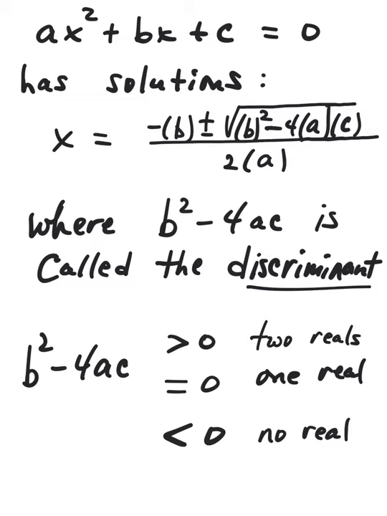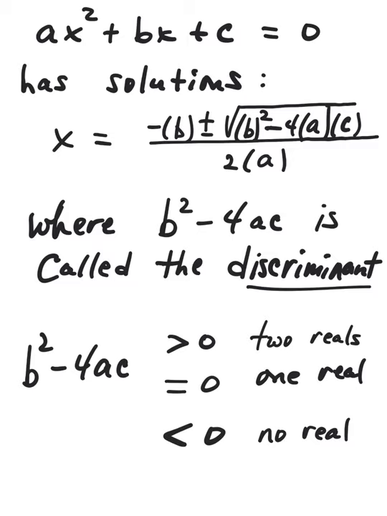A is considered the coefficient of x squared, B is the coefficient of x, and C is the constant. The catch is all three terms must be on one side and the whole thing set equal to 0. If that's the case, then your two solutions can be found by using the formula listed on your page.